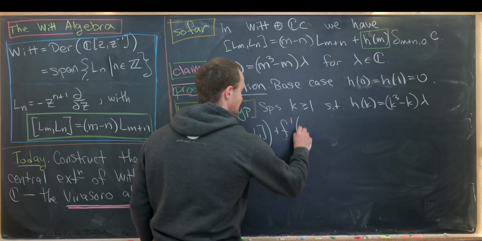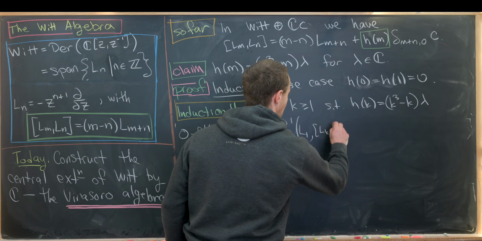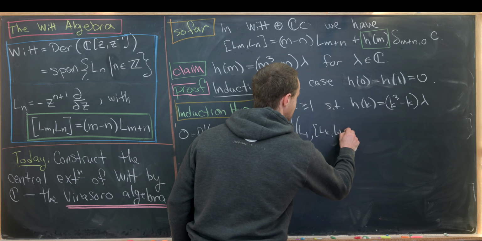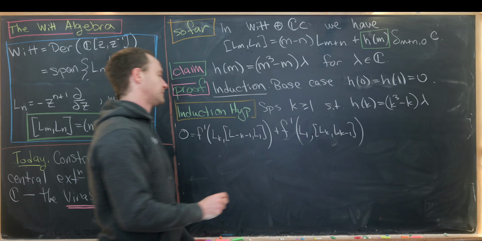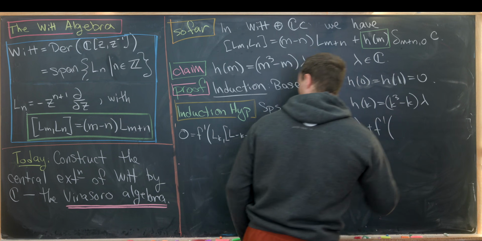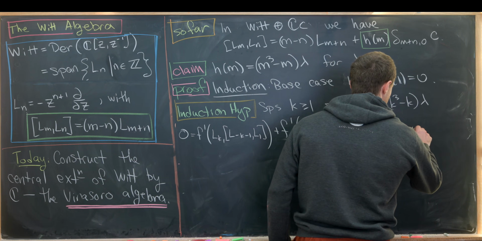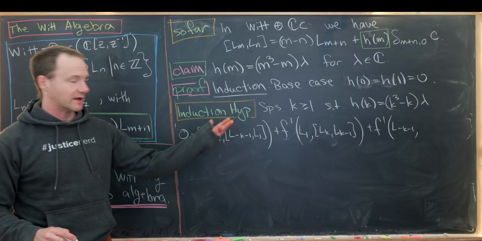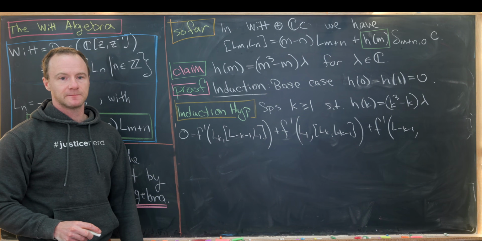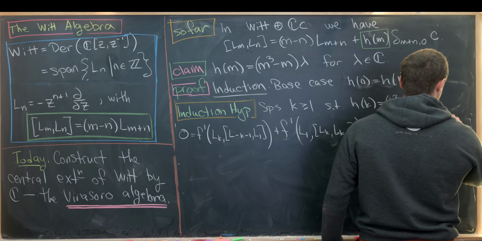So the next one will be an L_1 here, and then the bracket of L_k with L_{-k-1} there. And then finally, the last one will be the bracket of L_{-k-1} out here, with L_1 and L_k.